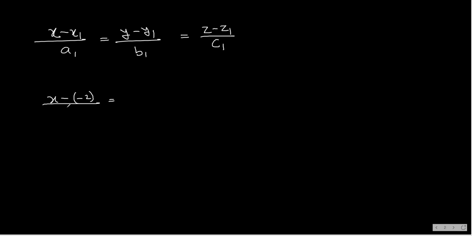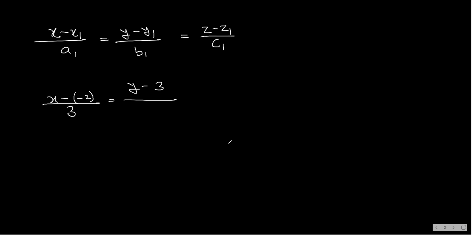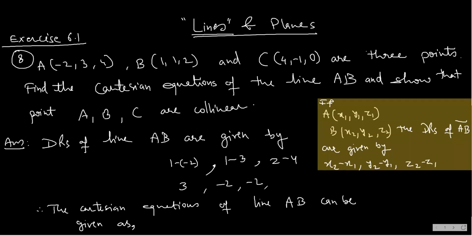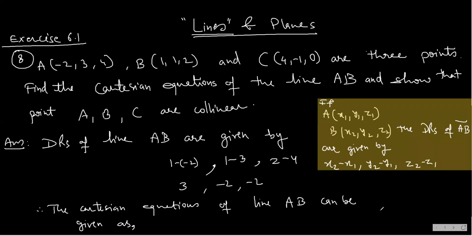So upon 3, y minus y1. I'm taking the point as A, so y1 is 3 and z1 is 4. b1 is -2. z minus z1, z1 was 4, and c1 is minus 2.